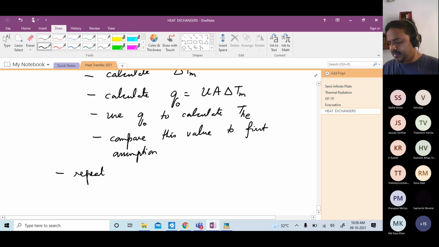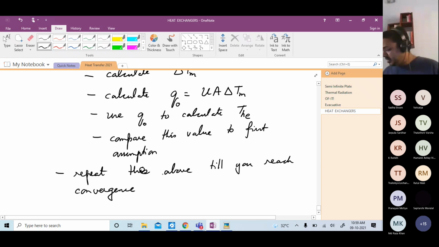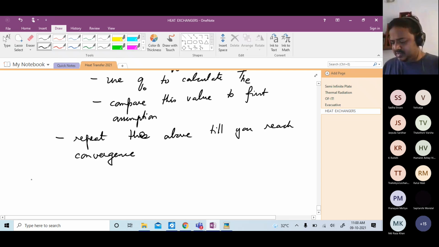And then repeat the above till you reach convergence, where your guessed value and calculated value are equal or close enough. So this is complicated, right? This is not an ideal process, right?